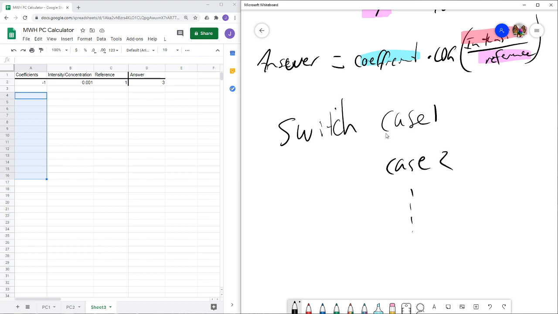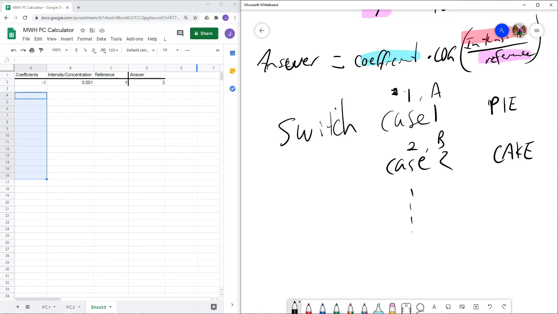Say for case 1 you want to check if the number 1 is there, or check if there's a number 2. It could be something like an A or a B. And if it does match that case, then you tell it to give out a value, like pie or cake or something.